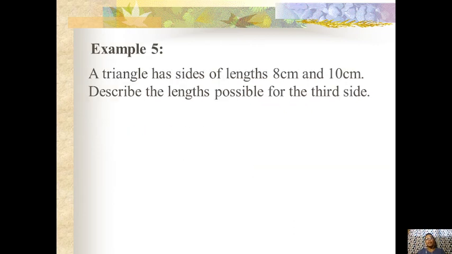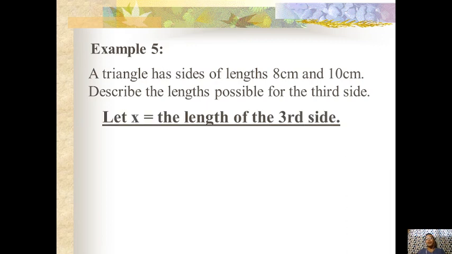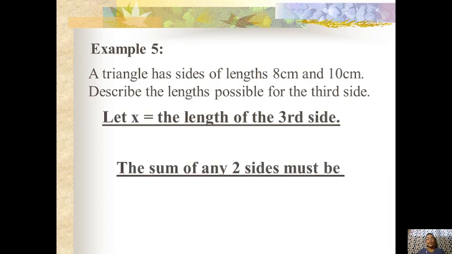So, the last example: a triangle has sides of lengths 8 centimeters and 10 centimeters. Describe the possible lengths for the third side. So the solution: let x be the length of the third side. We know that the sum of any two sides must be greater than the third side, as stated in Theorem 5-12.